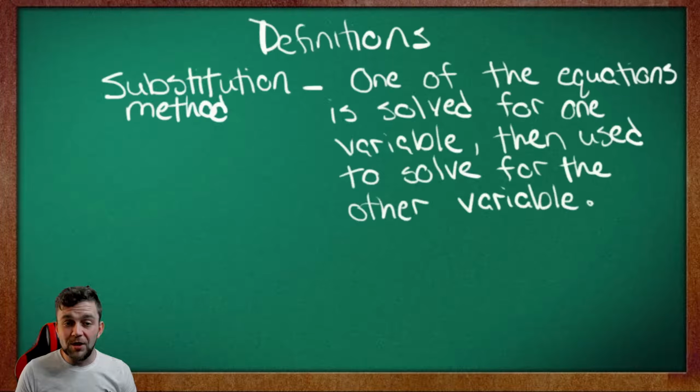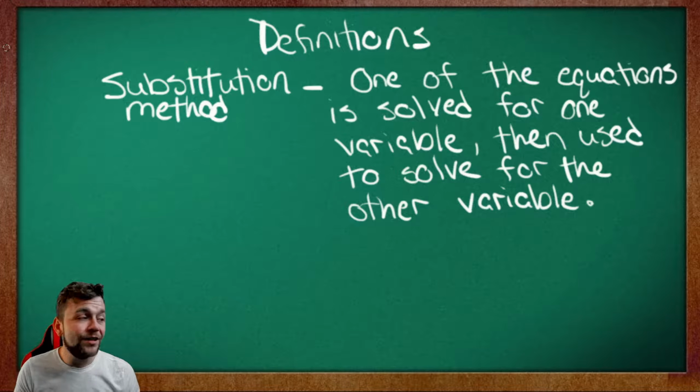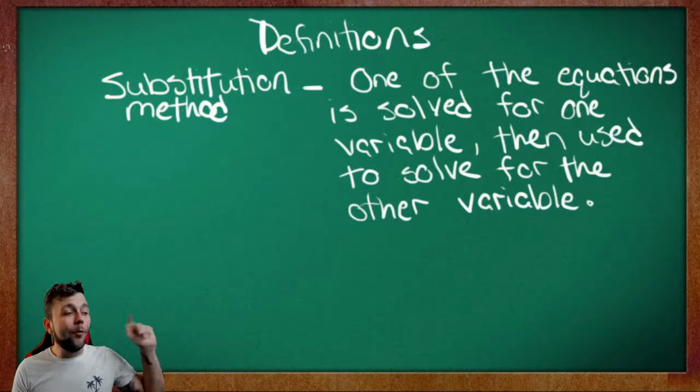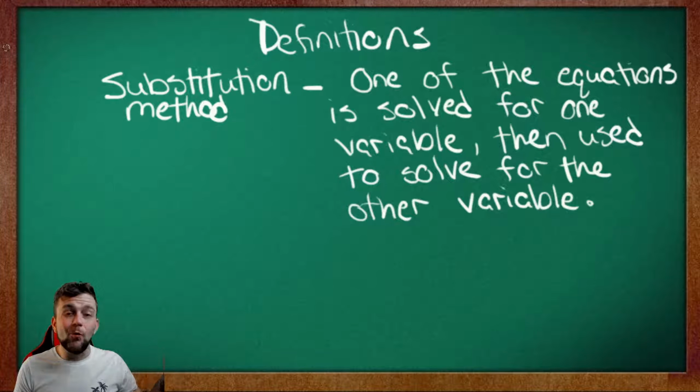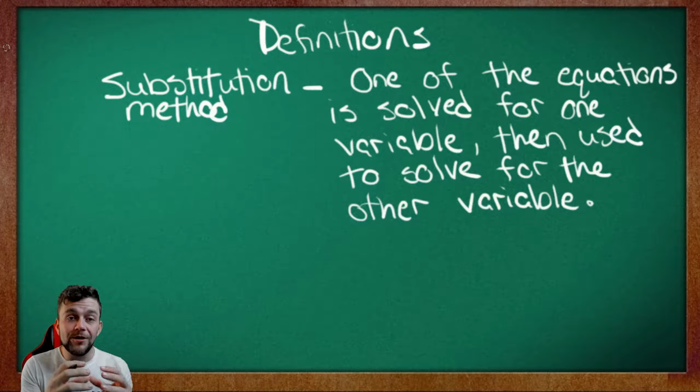Our first method of solving these equations is through a process called substitution. I know I'm hitting you with a lot of words. The substitution method of solving a system of equations. I'll go through this, don't stress. One of the equations is solved for one variable, then used to solve for the other variable, okay? Not too difficult. So you have one equation.